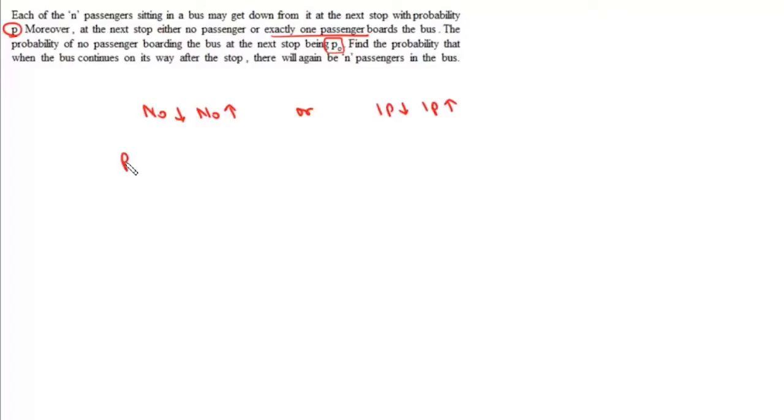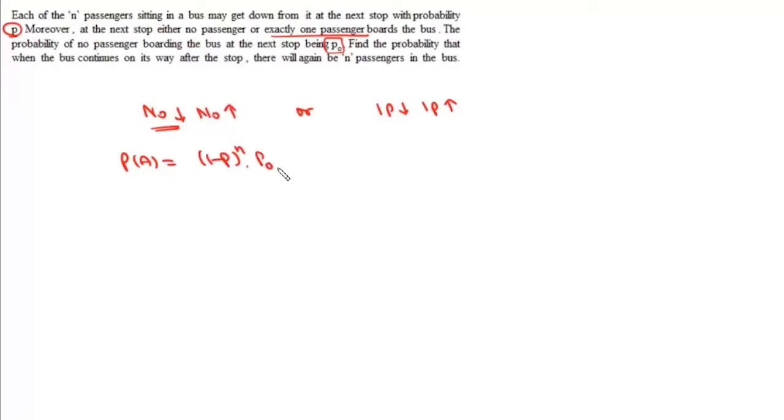Now this required probability, say PA, will be given by this first case when no passenger gets out. Each passenger gets down with the probability P, so the probability of not getting down will be 1 minus P. So it will be (1 minus P) for all the n passengers. So this probability will be (1 minus P) to the power n, into no passenger boarding the bus. The probability of no passenger boarding the bus is P0.